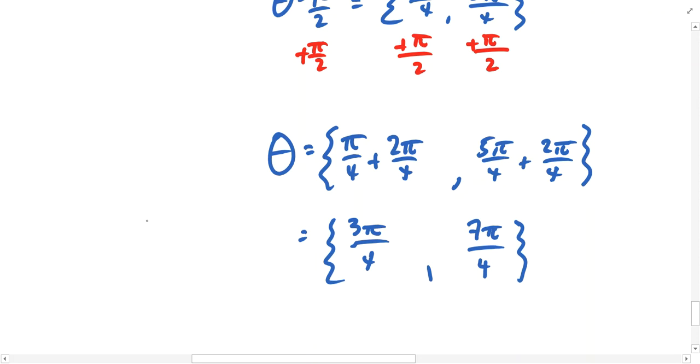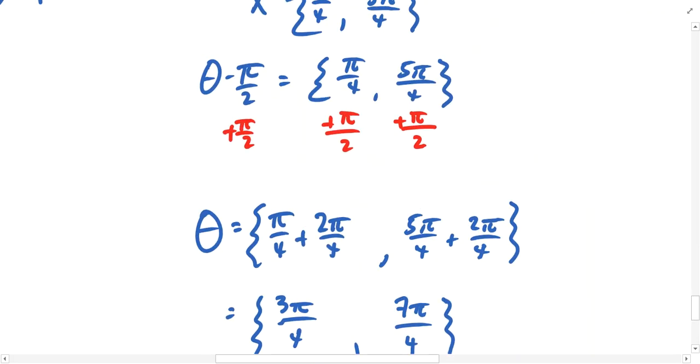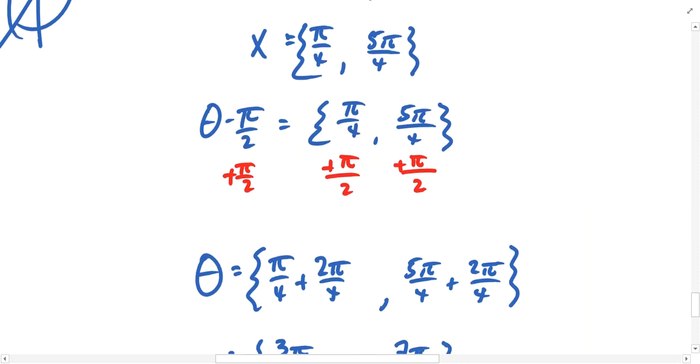And these two solutions exist in the unit circle. Had we chosen any other angle measures beyond a unit circle rotation, say 9 pi over 4, that would have been our rotation beyond this one. Or if we had used 13 pi over 4.